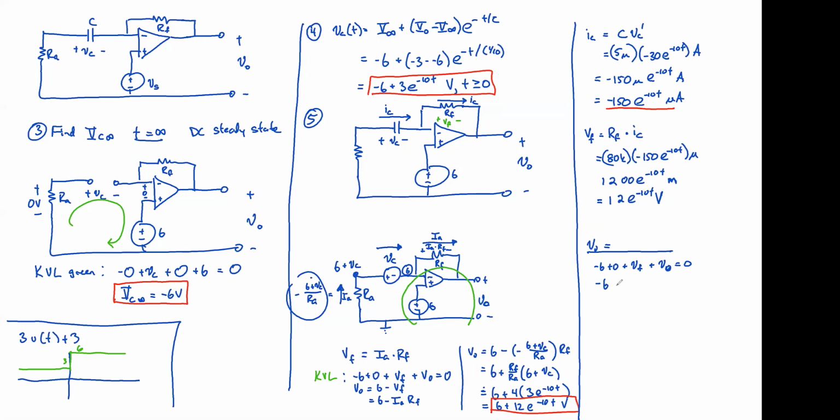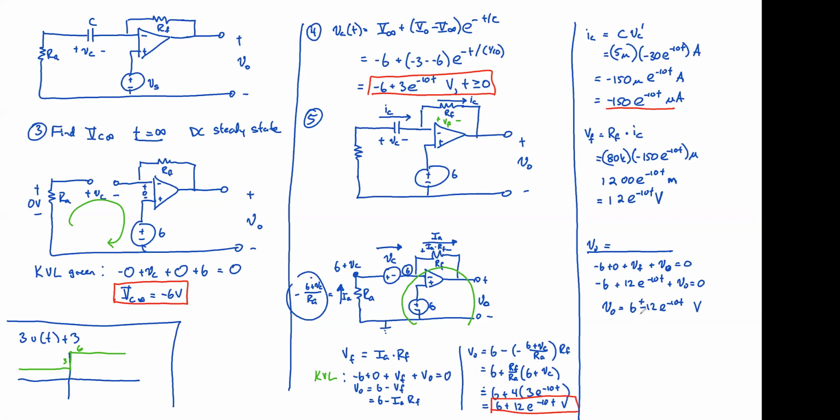That's minus 6 plus 12 e to the minus 10t plus V naught equals 0. And that gives us V naught is equal to 6 minus 12 e to the minus 10t volts. And somewhere here I've made a sign error. This should be a plus.